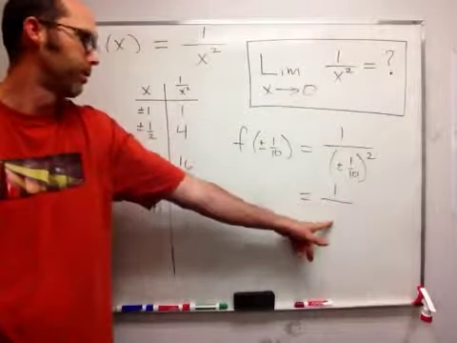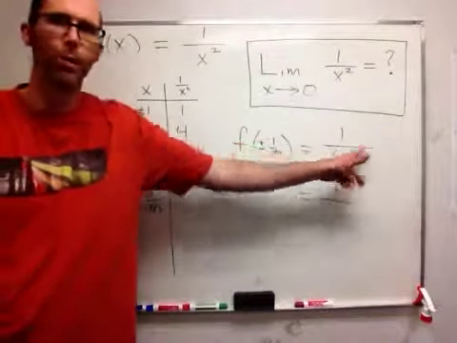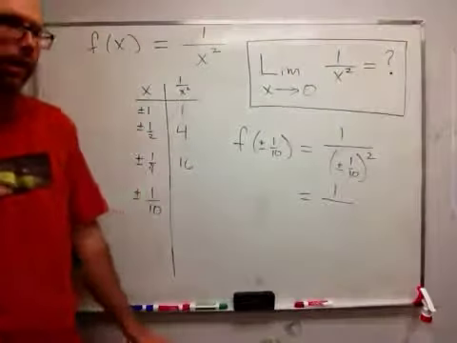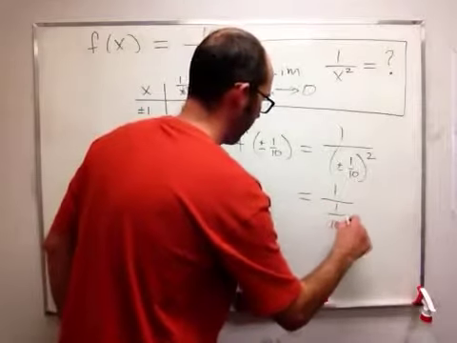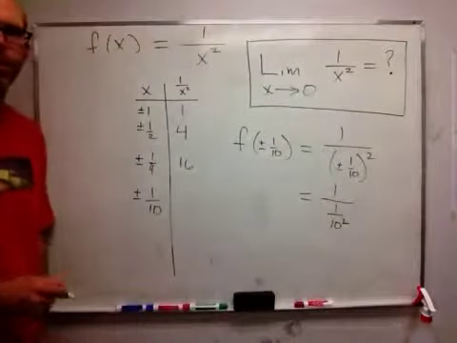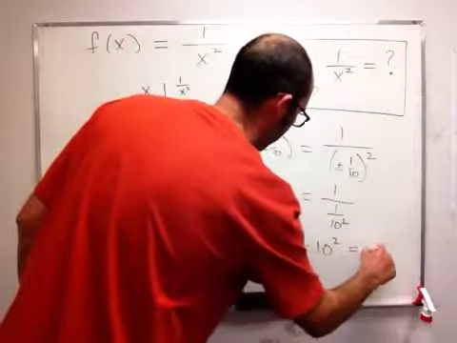Squaring a plus or a minus just makes it positive. So we don't have to worry about the plus or minus because the square takes care of that for us. Alright, so we have 1 over 1/10 squared. Using the flip-up rule, we get 10 squared, which we know is 100.